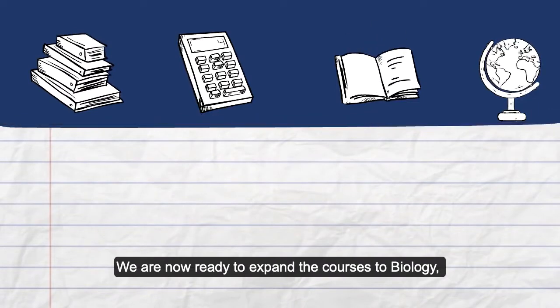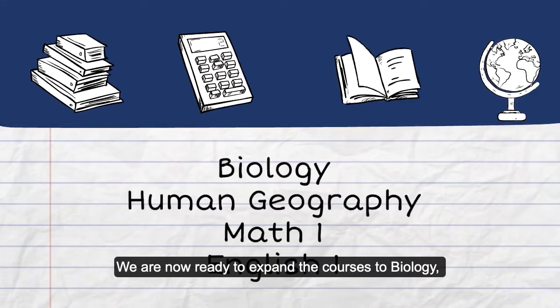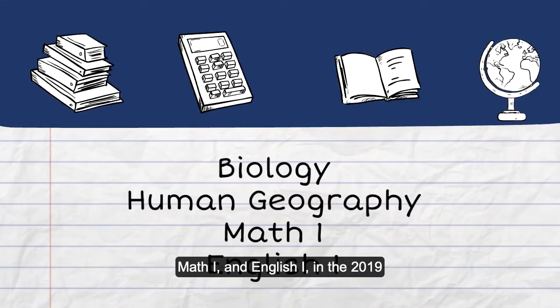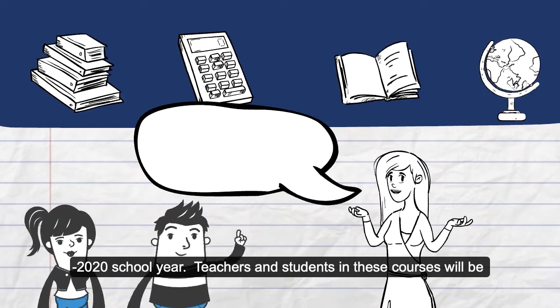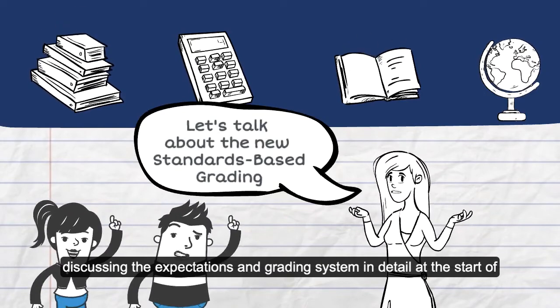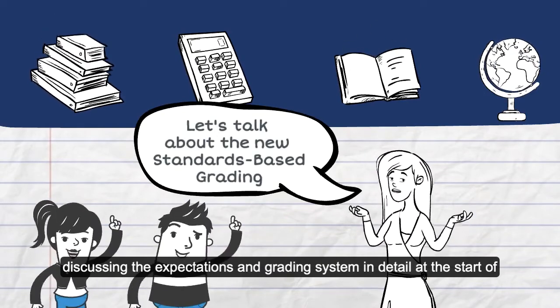We are now ready to expand to biology, human geography, math 1, and English 1 in the 2019-2020 school year. Teachers and students in these courses will be discussing the expectations and grading system in detail at the start of and throughout the school year.